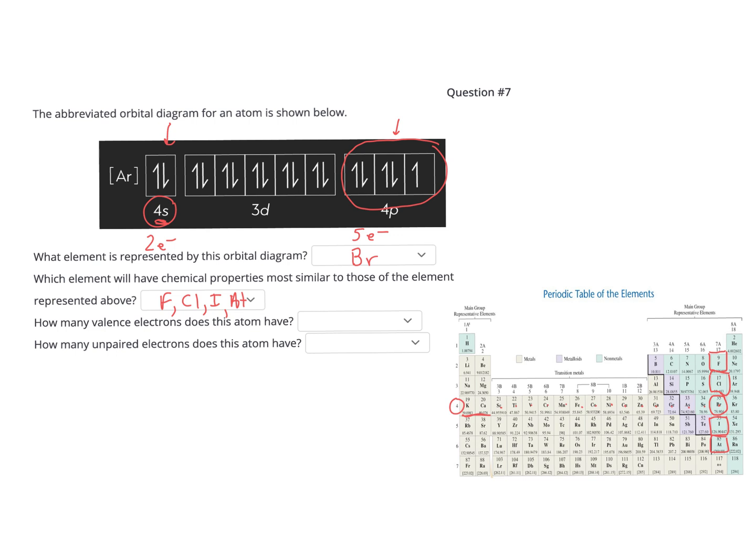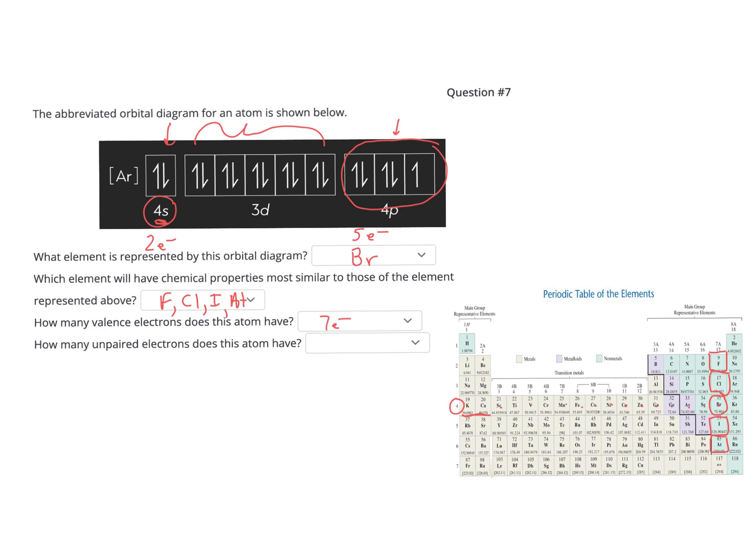Add those 2 together, we're looking at a total of 7 valence electrons. When we have a full d shell, we typically do not count those as valence electrons. Those do not react in the same way that the s electrons and the p electrons do.